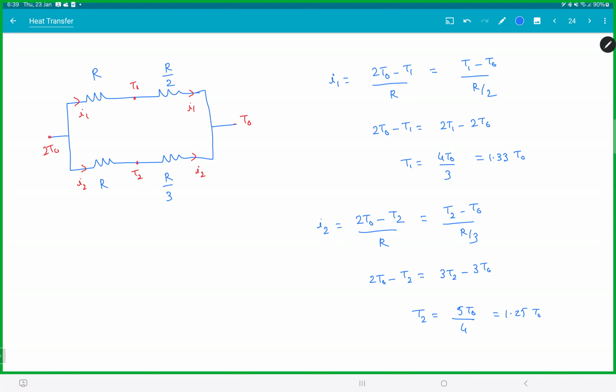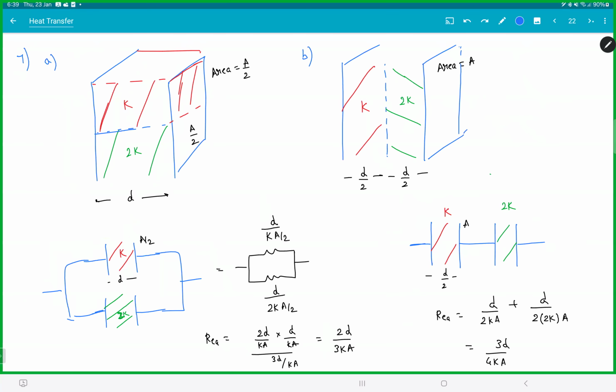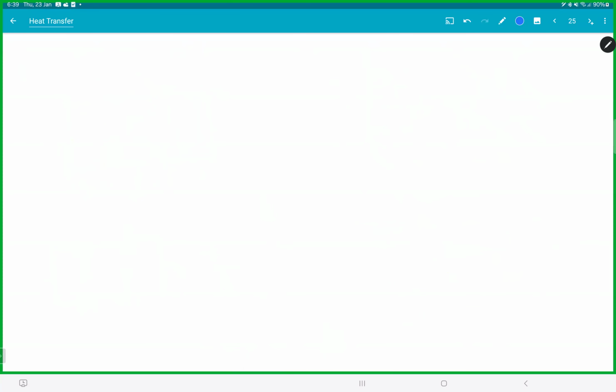Next thing. Next one. That's a good one. Let's see some theoretical questions. You took a metal and a wooden block, and they are placed in a hot room.